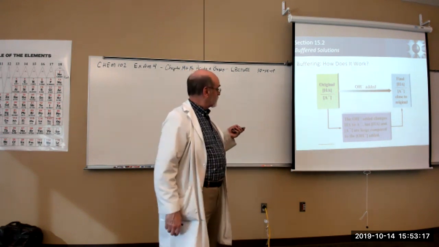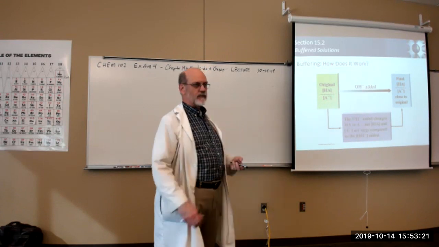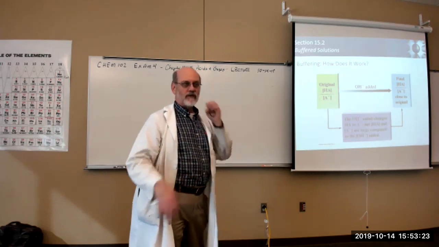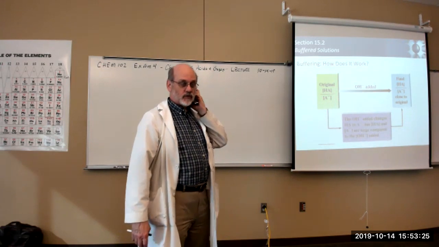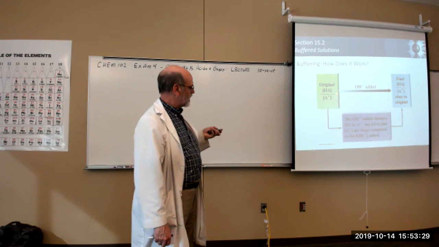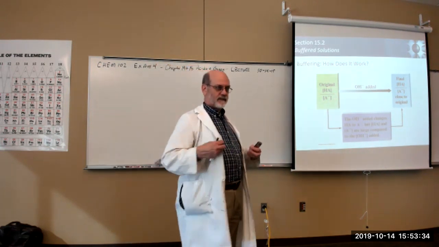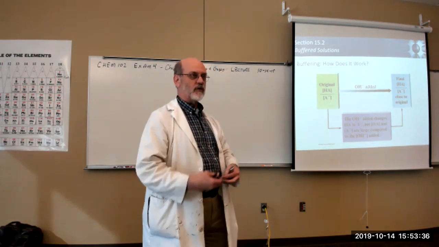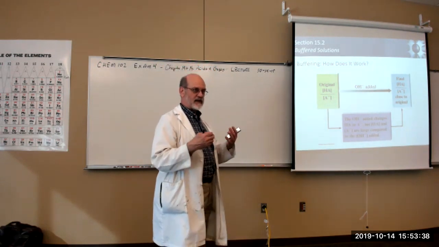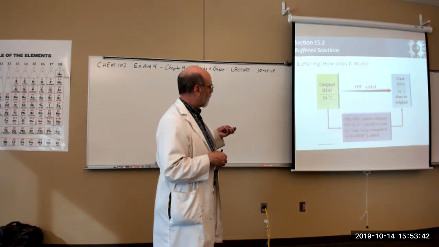So the idea is that you want to have these values large enough so they can absorb more of the OHs. Generally speaking, the higher the concentration of both HA and A minus, the higher the buffer capacity. It'll absorb more hydroxyl or more acid, as the case may be, than it would if you used smaller concentrations.